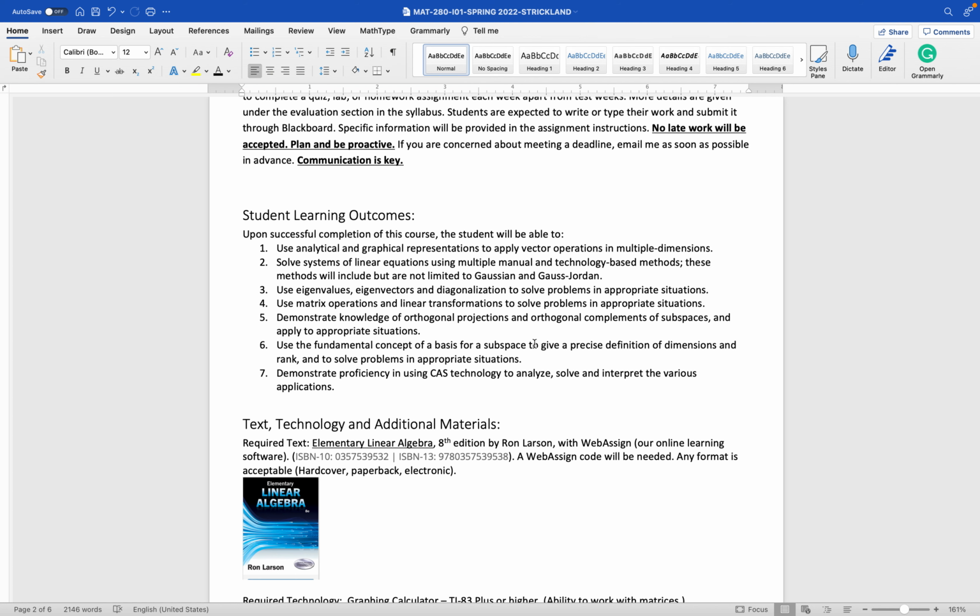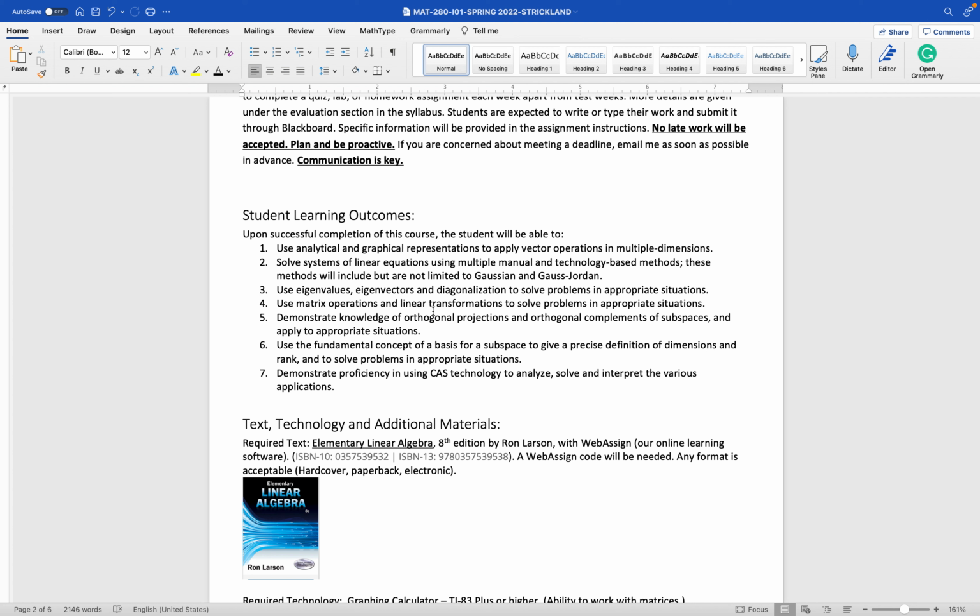Also solve systems of linear equations through various methods, among these Gaussian and Gauss-Jordan techniques. Also be able to use eigenvalues, eigenvectors, and diagonalization, as well as matrix operations and linear transformations, and demonstrate knowledge of orthogonal projections and orthogonal complements of subspaces and apply them to appropriate situations.